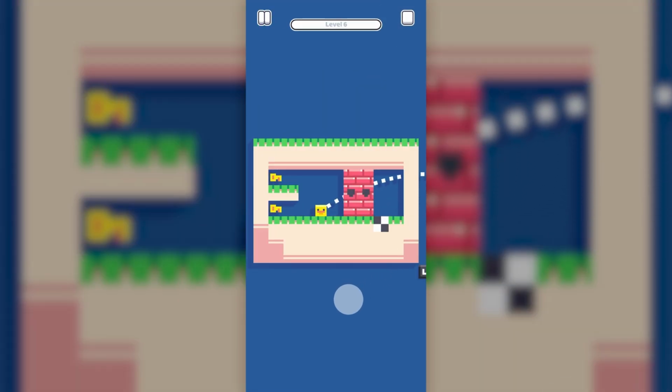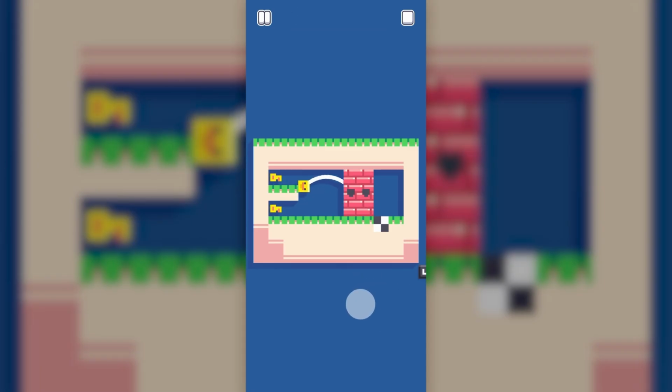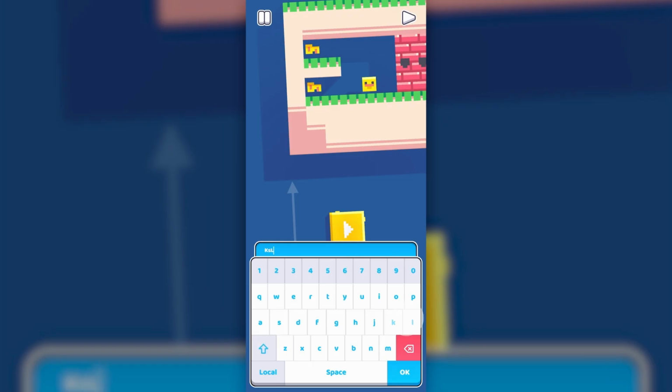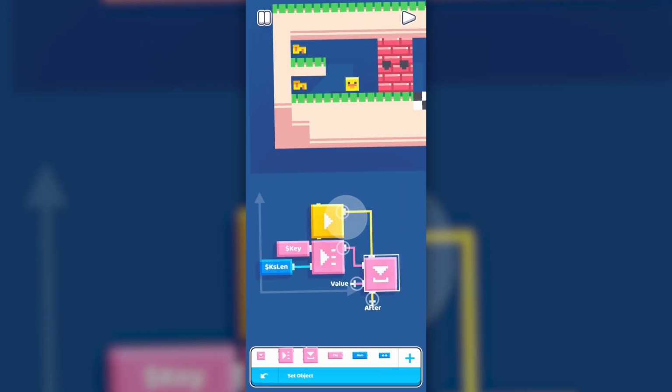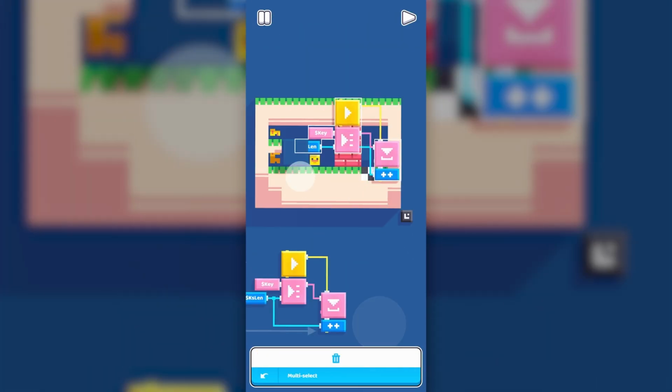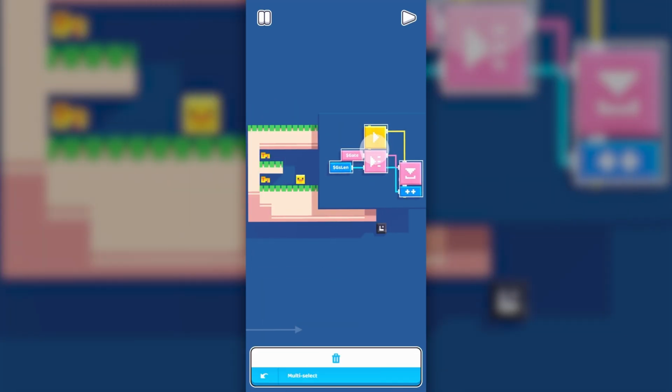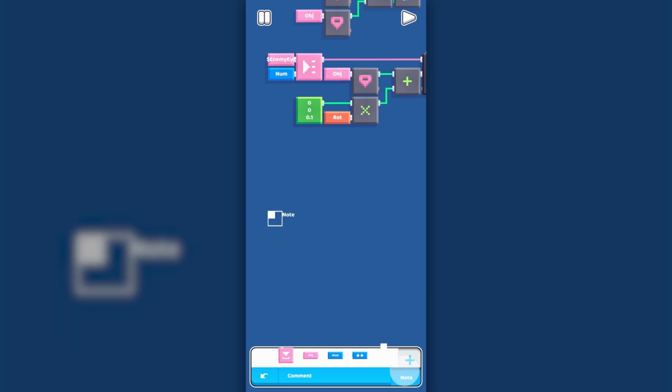We want to be able to grab and collect the keys so that we can unlock the gates. First, let's store them into the respective lists. Next, let's create a loop for the keys.